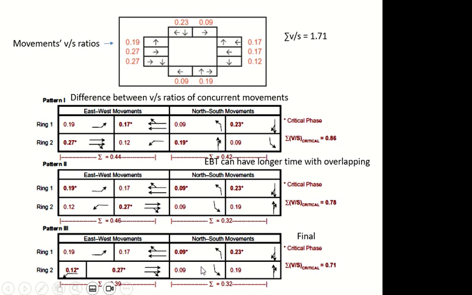Okay, once I have extended it, now pay attention how summation is calculated. Pay attention to that. Now these ones, this is one pair, one sequence of movements, 0.19 plus 0.17. If I do 0.19 plus 0.17, how much do I get?